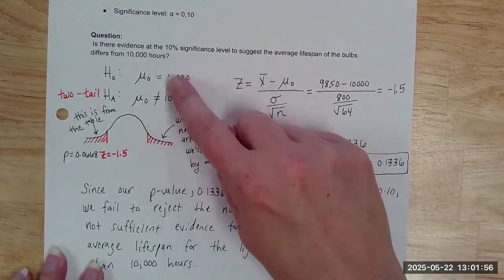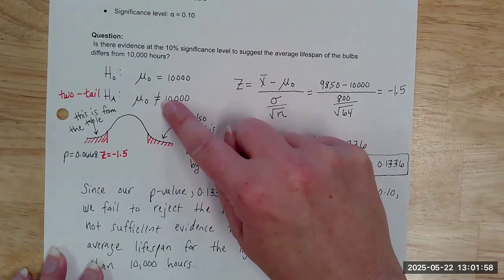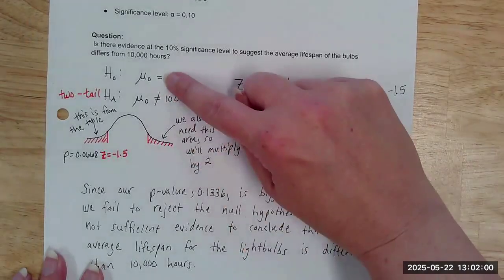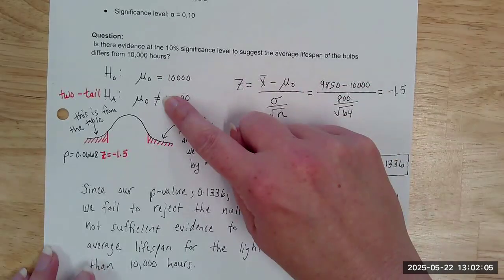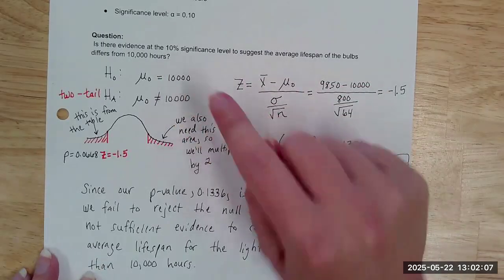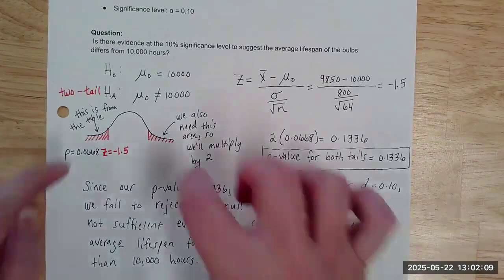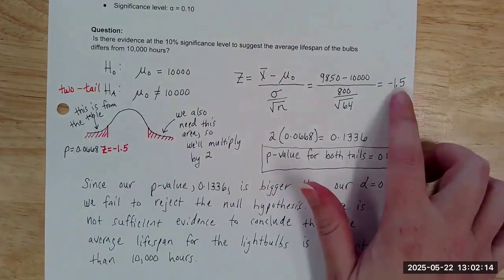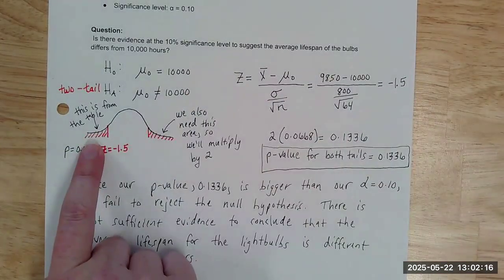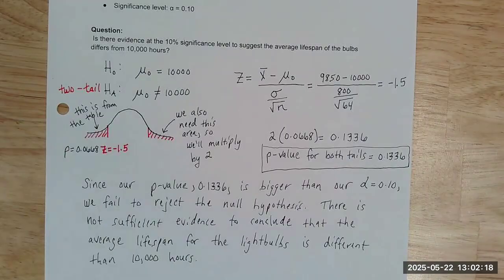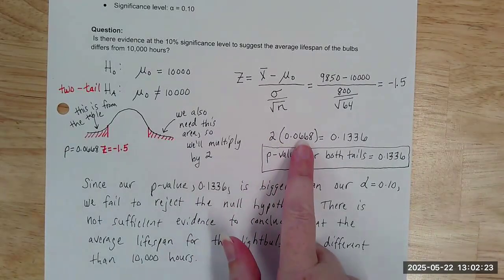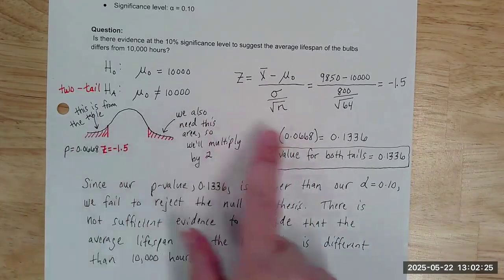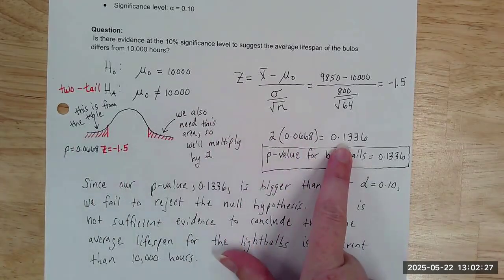When you write a hypothesis test and it's a two-tail test, your null hypothesis has the equal sign and the alternative hypothesis just has a not equal to sign. When you draw your picture, you're going to want the area in both tails, but the z value that you get is just going to give you the area in one of the tails. So you're going to have to multiply whatever you get by 2 for a two-tail test. So we did that here. 2 times the value that was in that one tail popped out our value for both tails.